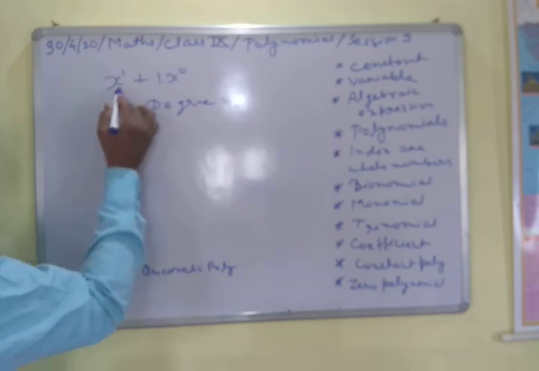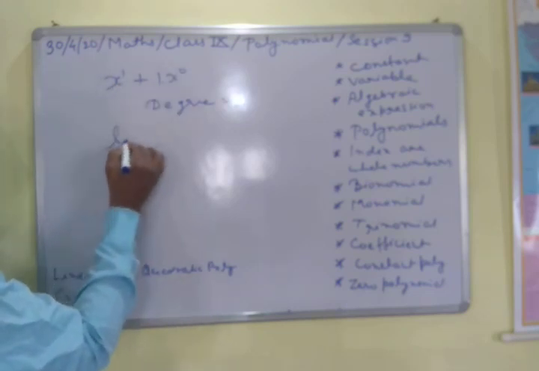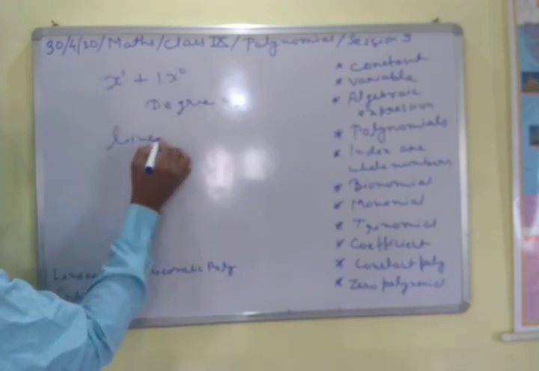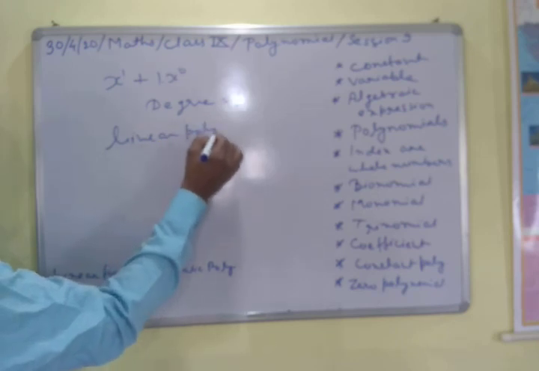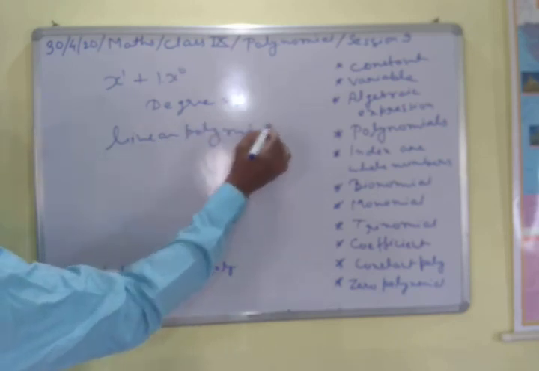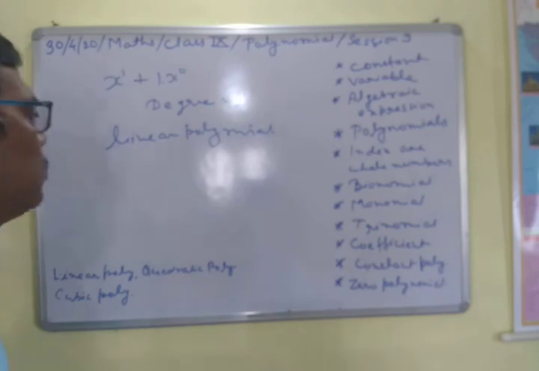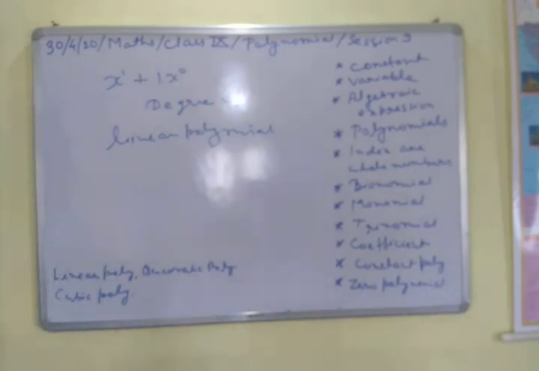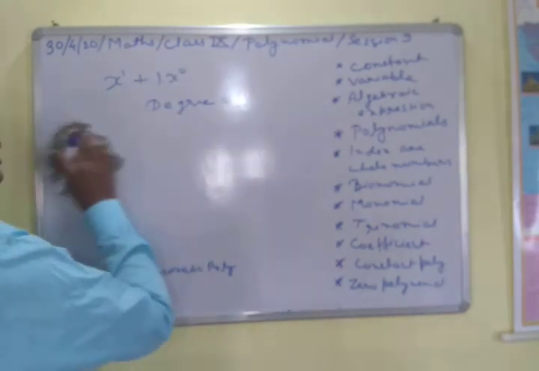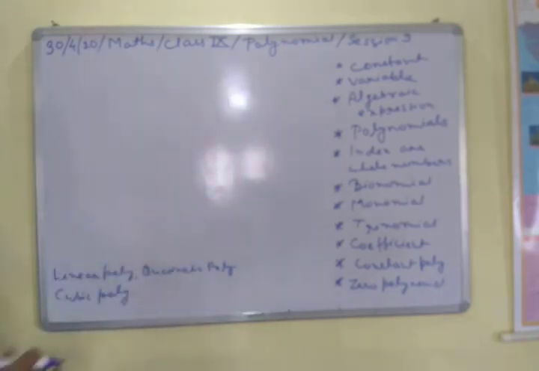And when the degree is 1, then this is called a linear polynomial. So that is when the degree of a polynomial is 1, then this is called a linear polynomial. Linear.